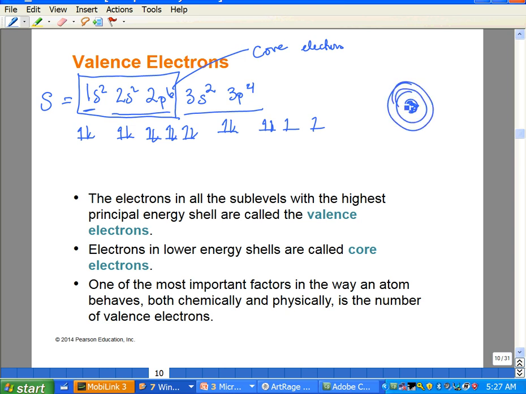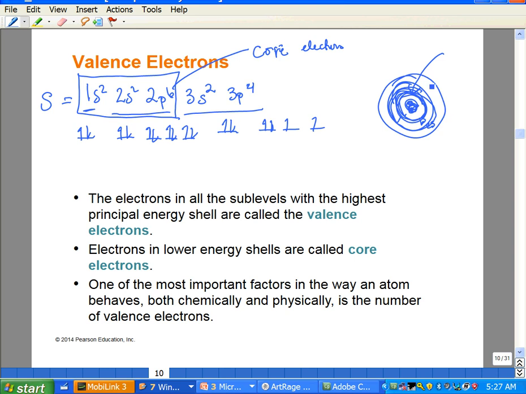And we don't really draw energy diagram orbitals like this anymore. But if you could imagine that each one of these little rings represents an energy level, closest to the nucleus are the core electrons. These are filled all the way up to maximum capacity.